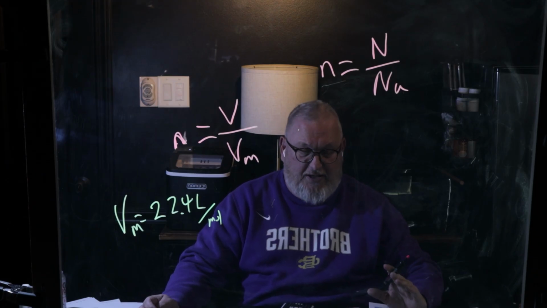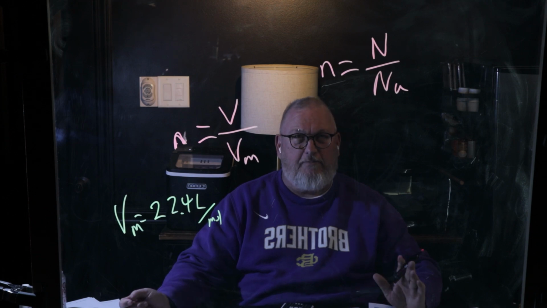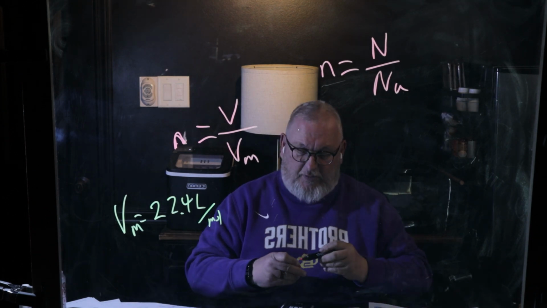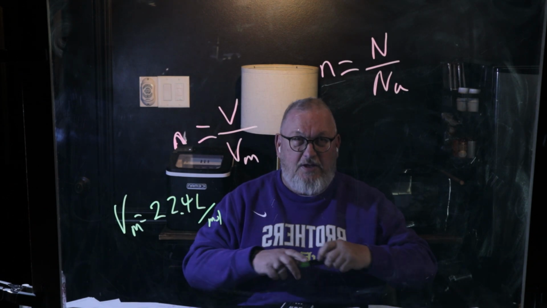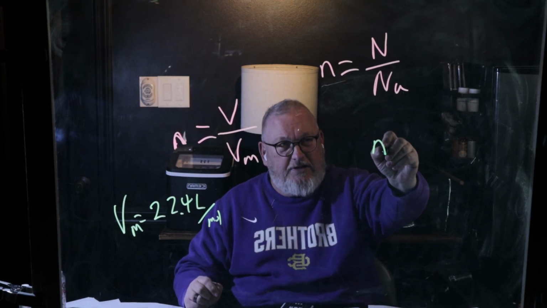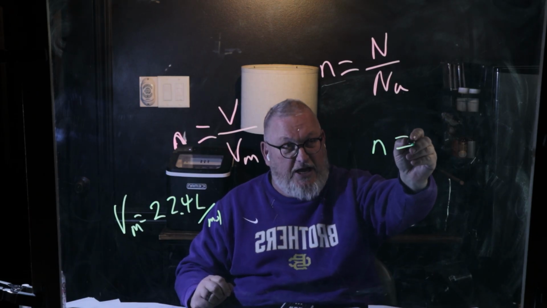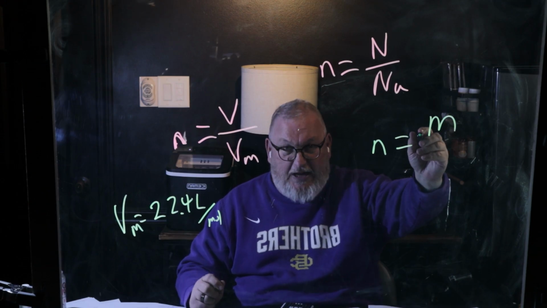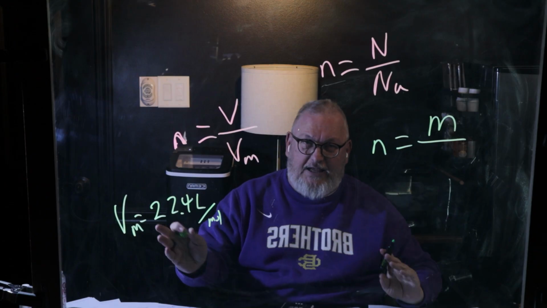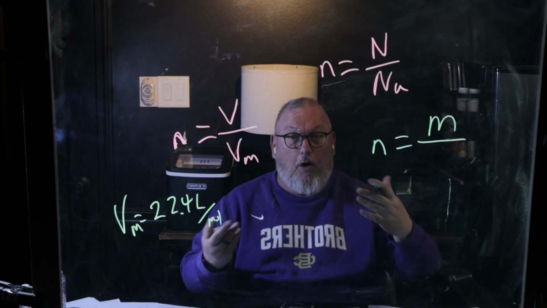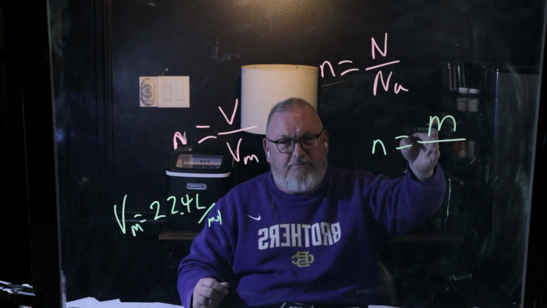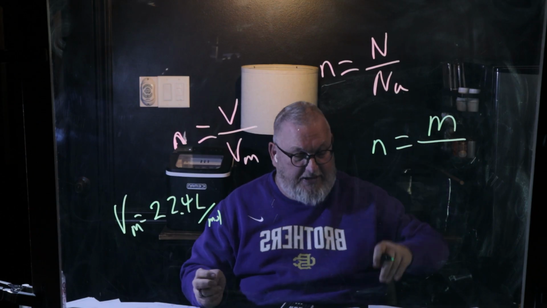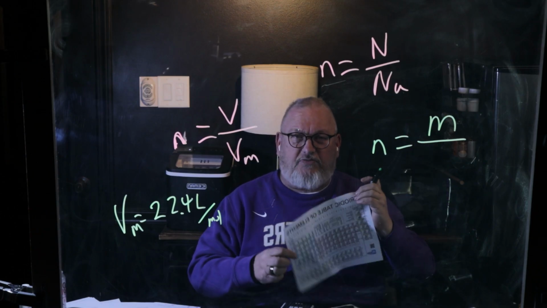And previously we figured out about molar mass. Let's see what that one was. To find the number of moles, we take the mass of whatever substance we have and divide it by the molar mass of that particular sample, whatever it may be. And where do we get molar mass from?